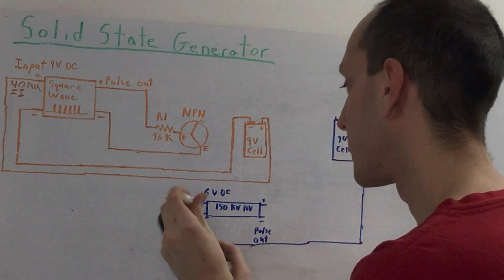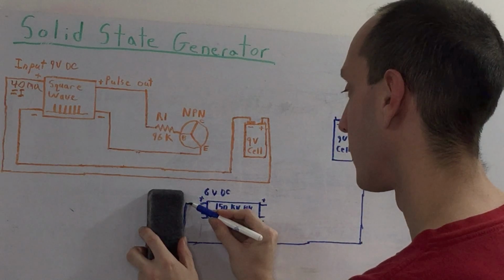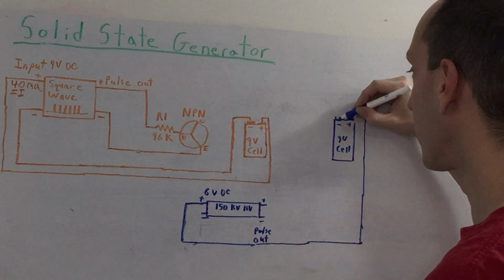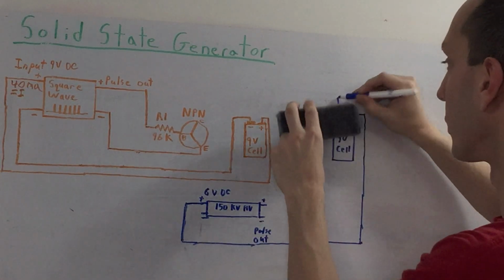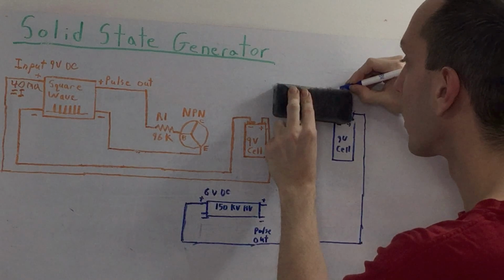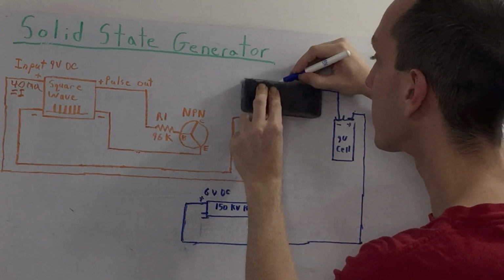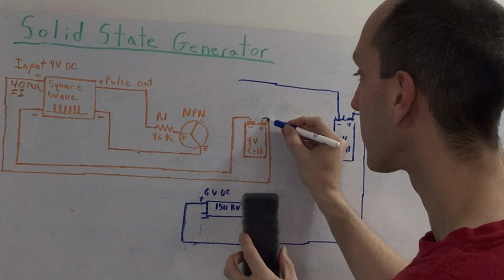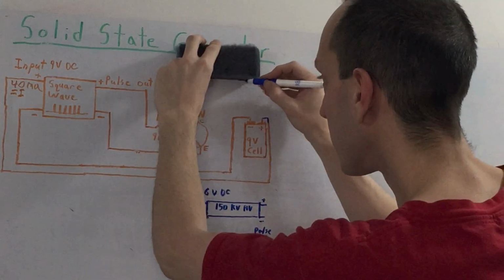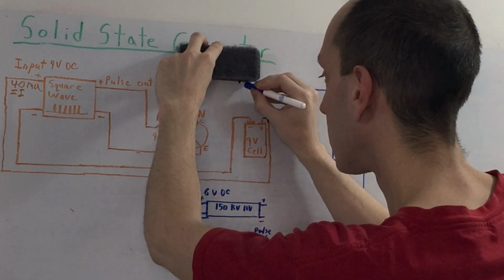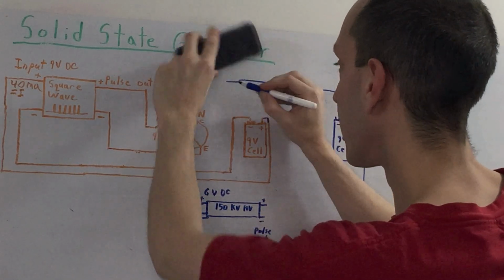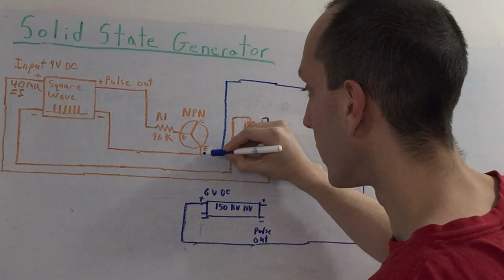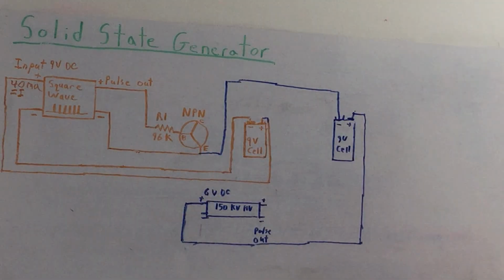So this is our plus, which goes here, and we're going to pulse our negative over here through the transistor, and see how we're kind of isolating everything here, folks. Very important as well. So what we're going to do is we're going to connect this to our negative here, which is the emitter, like that.